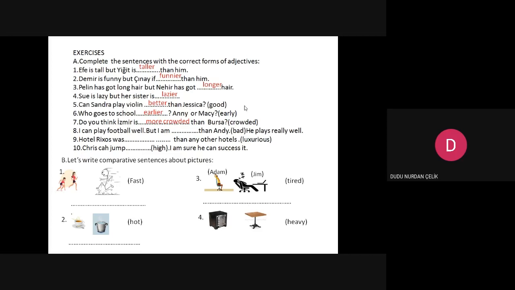I can play football well, but I am than Andy. We're going to use the adjective bad in this blank. I'm comparing myself with Andy. What do we say? Bad is irregular and it changes to worse.